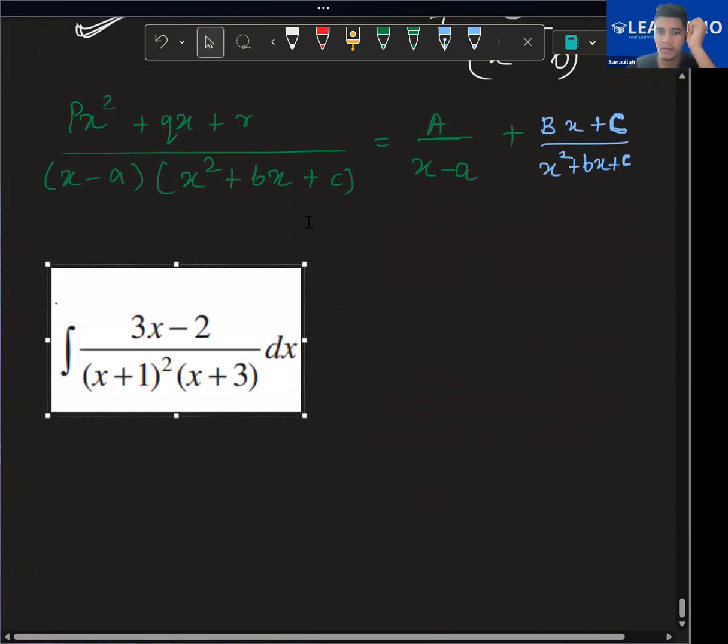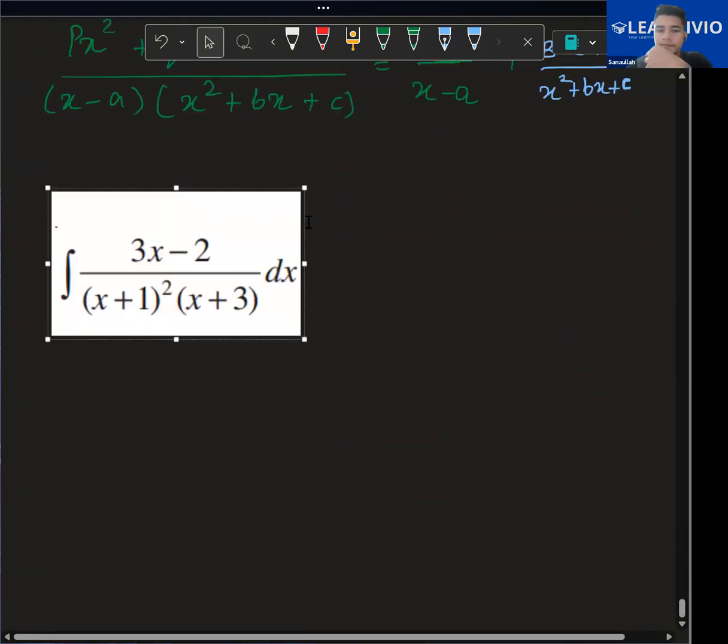You will have three terms. ठीक है, तीन टर्म आएगा आपके पास. One is A upon x plus 1 and one is B upon x plus 1 whole square, and the third is for x plus 3.